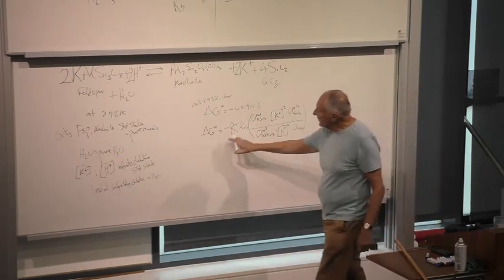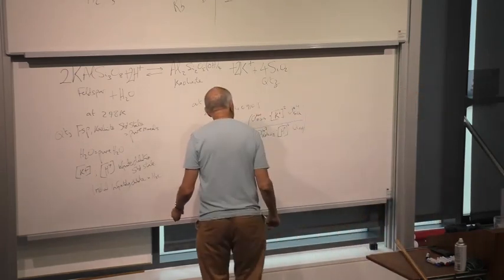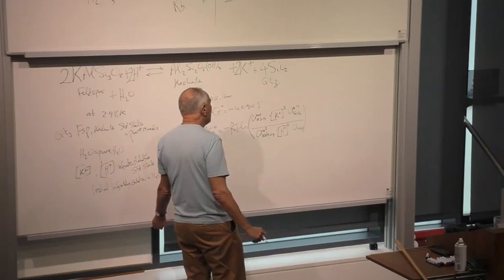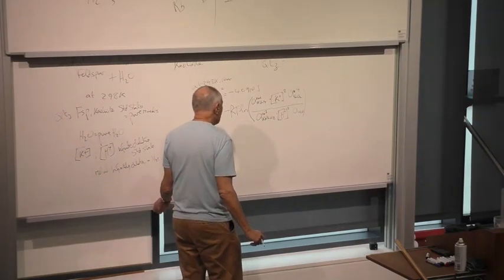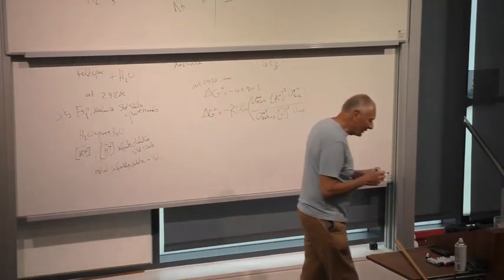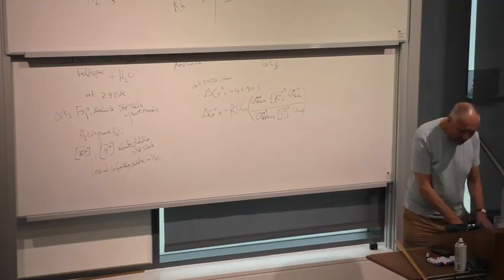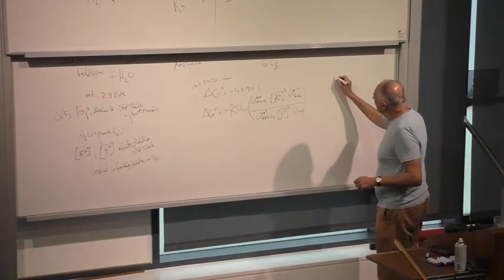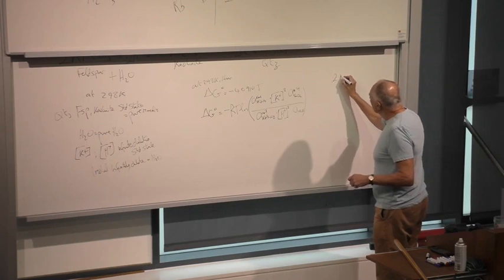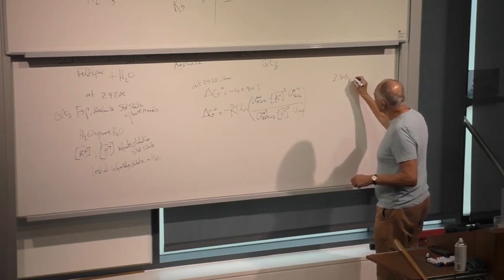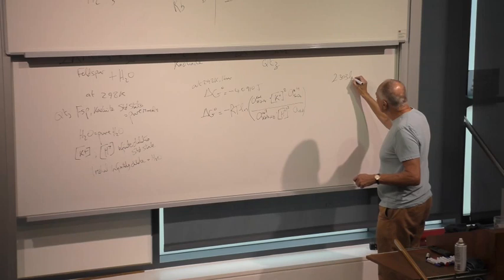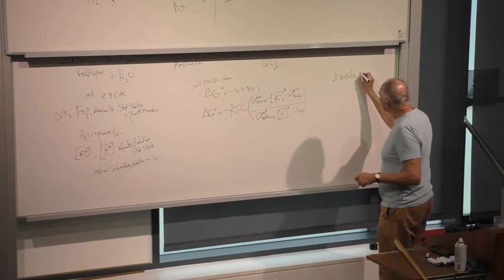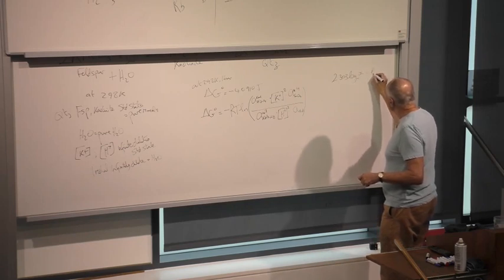So we put RT on the other side, and what we do is we convert to logs to base 10, for reasons which I think will become clear in a moment. 2.303 is the conversion factor. So 2.303 log to base 10 of x is equal to ln of x.